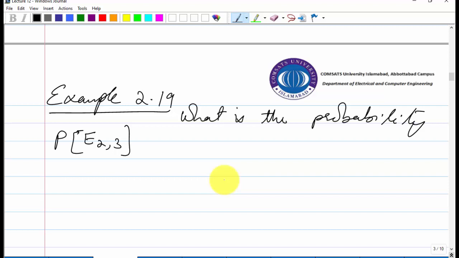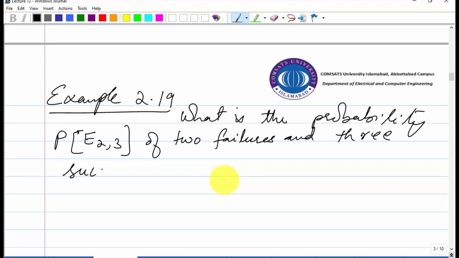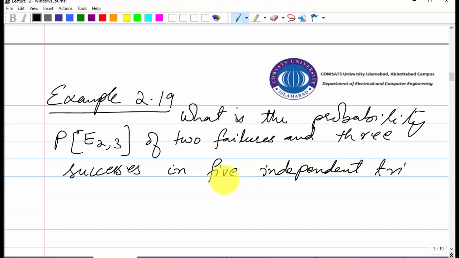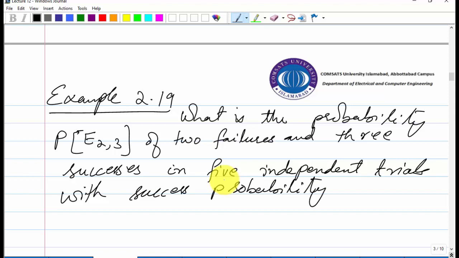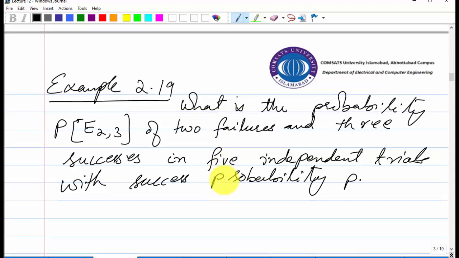It means that we have 2 failures and 3 successes in 5 independent trials with success probability P. Instead of P we could have any number.